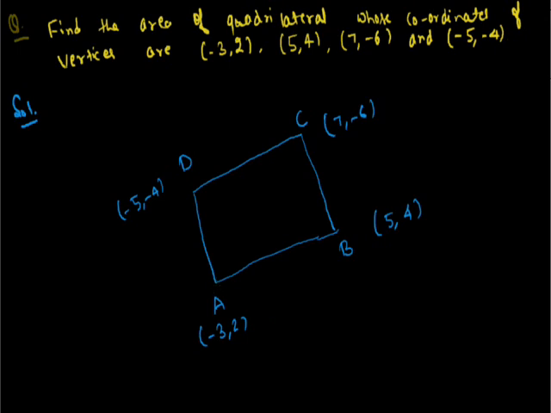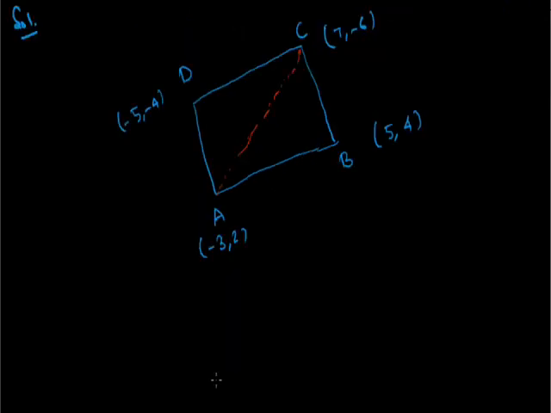Now join AC. Now to find the area of quadrilateral, here area of quadrilateral is equal to area of triangle ABC plus area of triangle ACD.